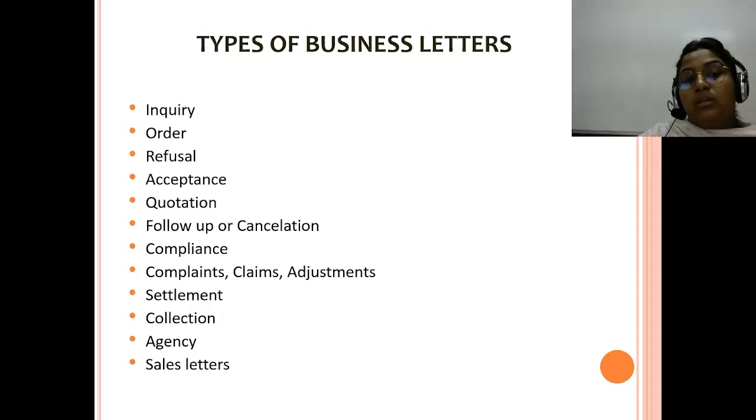Next comes the acceptance timeline. This is the date by which you must respond to the offer letter. I hope all four letters have been clear to you.